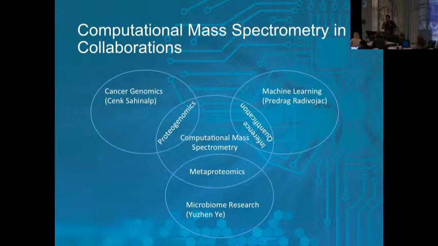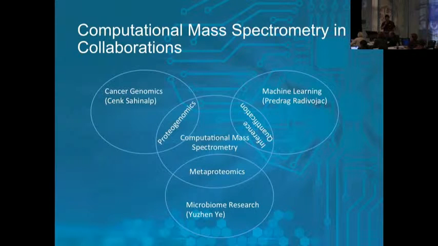Many of these works are collaborations with my colleagues in the bioinformatics group. For example, the proteomics work I presented in my last slide was a collaboration with Predrag Radivojac, who is an expert in machine learning, so we developed a machine learning approach for that. We're also collaborating with Jank Sahinap, a professor in our department, who studies algorithms for cancer genomics.